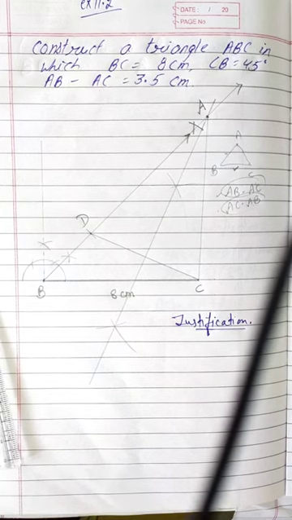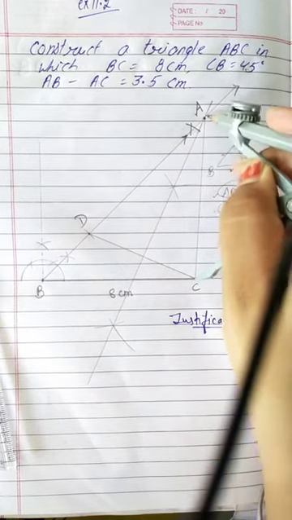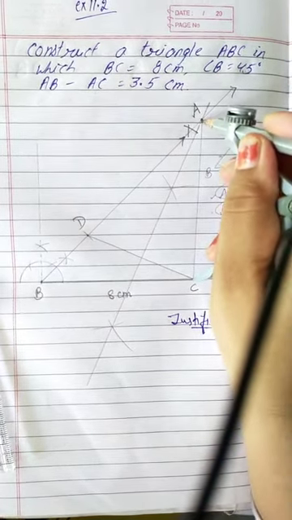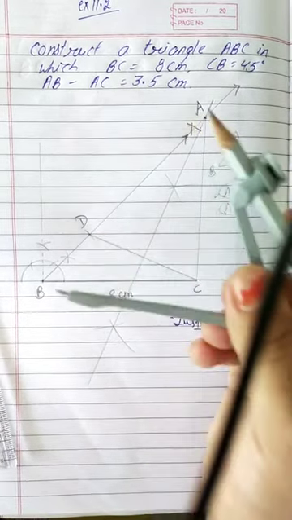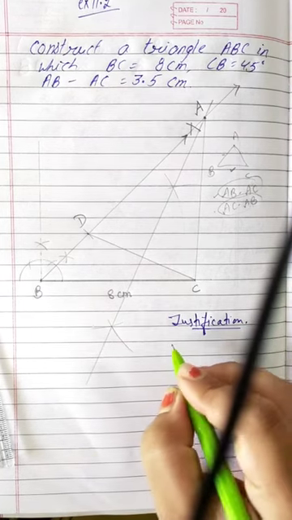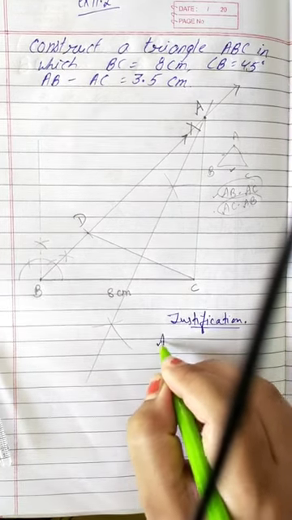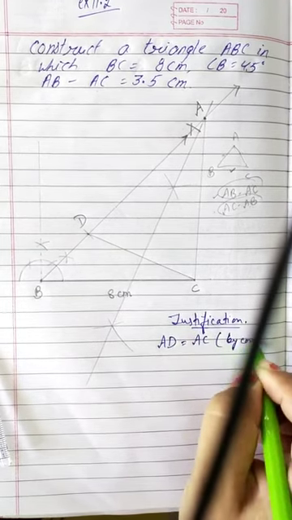How are they equal? We have already constructed. So by construction they are equal. See, AC and this same width is of AD. So both are equal by construction. So the first step, what you will write in justification, is AD is equal to AC by construction.